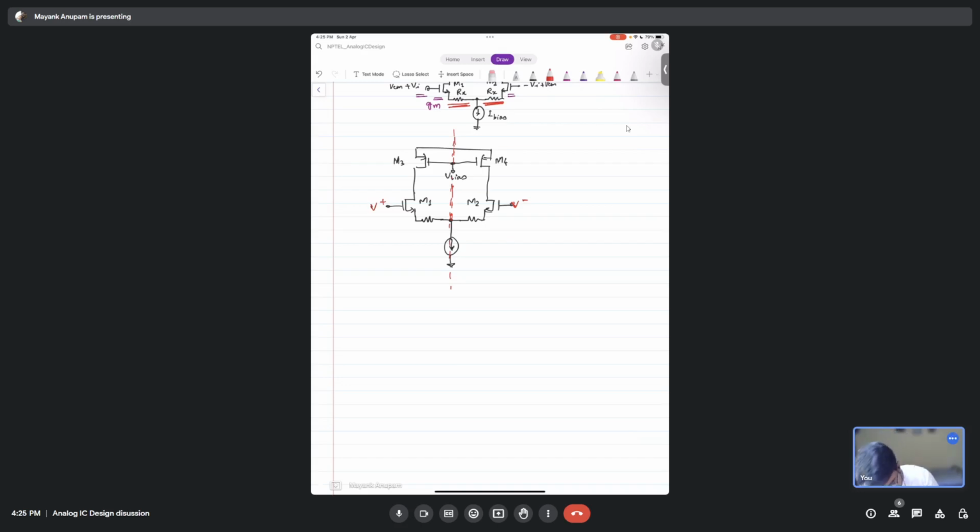Anything which lies on this axis of symmetry, at any terminal, will never move. So what is another term for a voltage which is never changing?